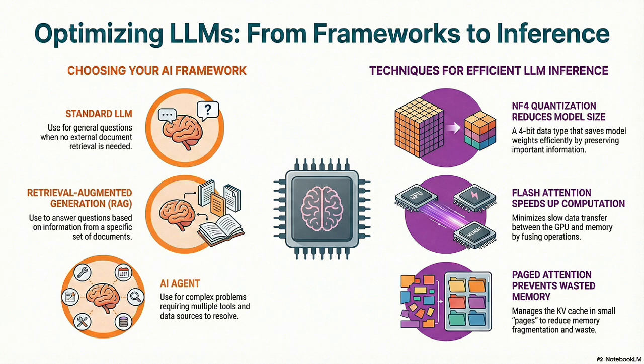So we follow a normal distribution to keep the information around the values of zero. That's the key idea of NF4: saving the data by keeping the key information, even when we quantize the data from high precision to low precision.